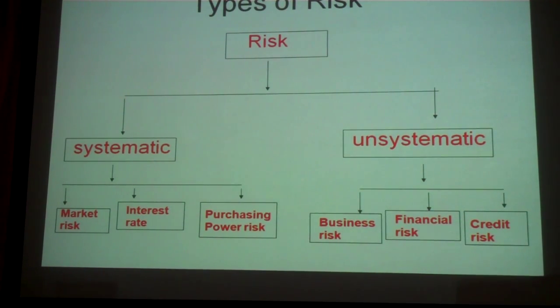Are you getting this? So unsystematic risk can also be called what? Idiosyncratic risk. Company specific risk.